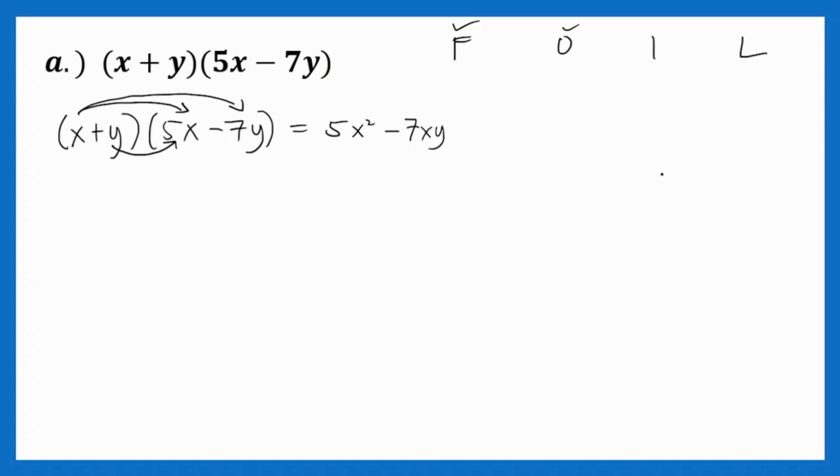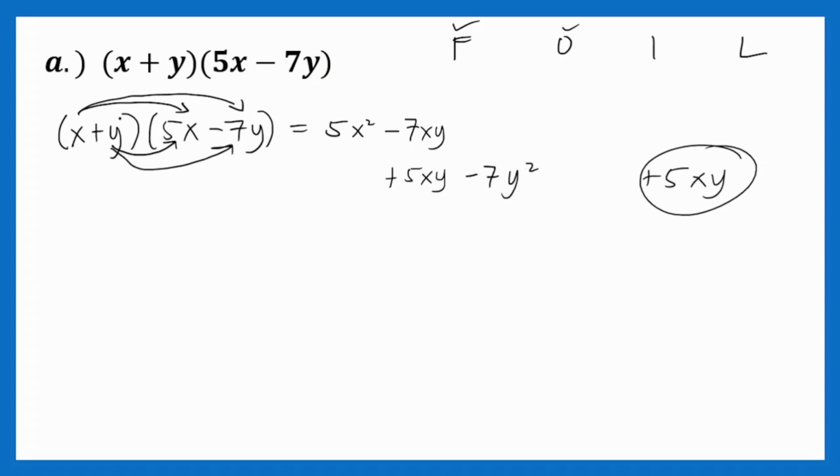Now, kung ang sagot ay positive 5xy, saan ko siya ilalagay? Dito ba sa tabi niya? Pwede naman. Or dito sa ilalim? Dito na sa ilalim. Right? Kasi ang ginagawa natin is vertical addition. Tapos, y times negative 7y, that is negative 7y squared. Again, since pareho itong y, you're just going to add the exponent.